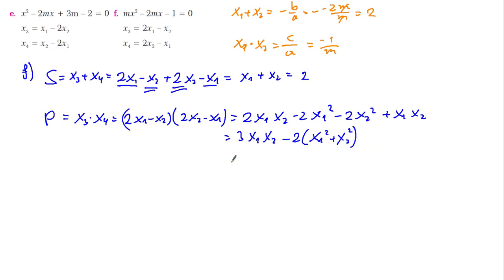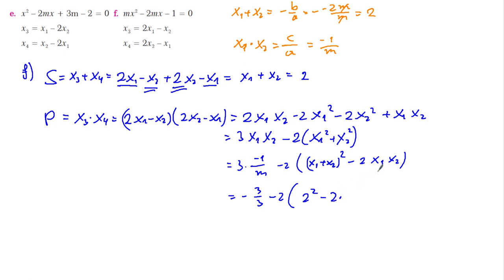Get the substitution for the product here, which will be minus 3 times negative 1 over m minus 2 times the formula for x1 squared plus x2 squared. We can use just like we did previously. Well, I can write it as x1 plus x2 all squared minus 2x1 x2. That's negative 3 over m minus 2 times the sum is 2 squared minus 2 times the product is negative 1 over m.